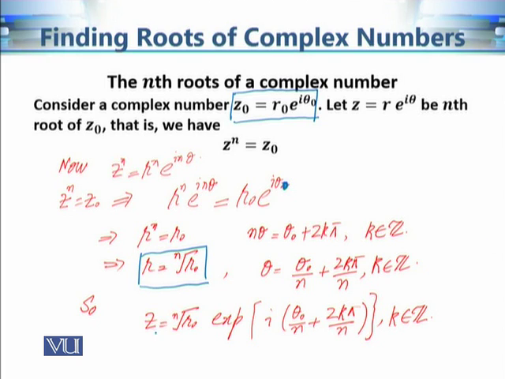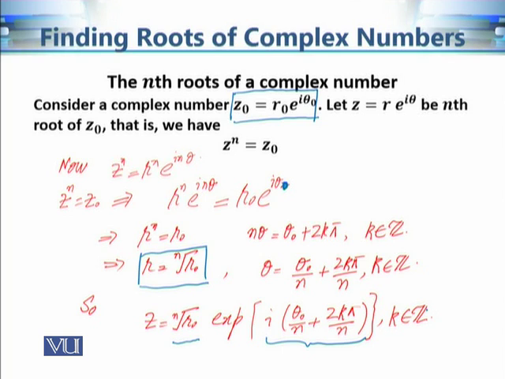Now this implies that the value of z is equal to, so this is the modulus of this z, and this is the angle or the argument of this complex number. Okay? So that's how we find the nth roots of a given complex number z0.